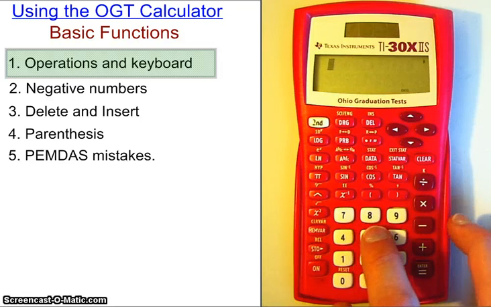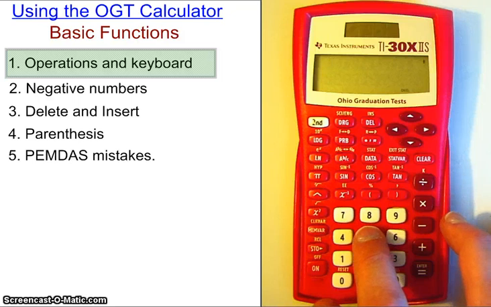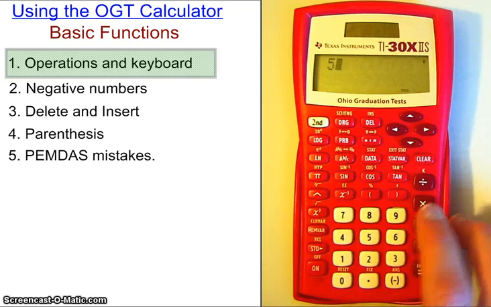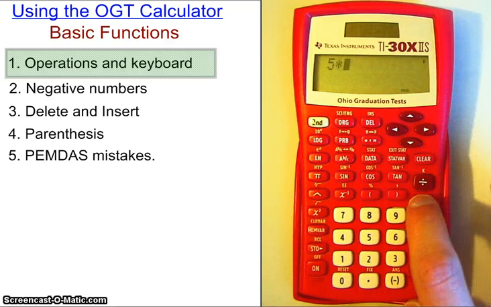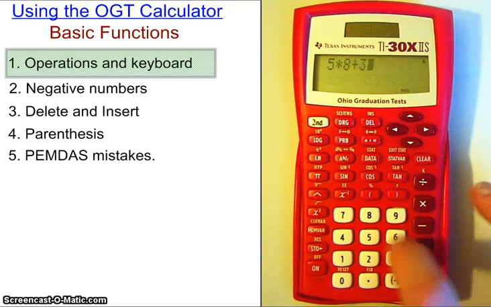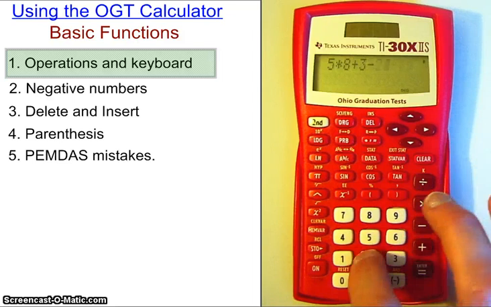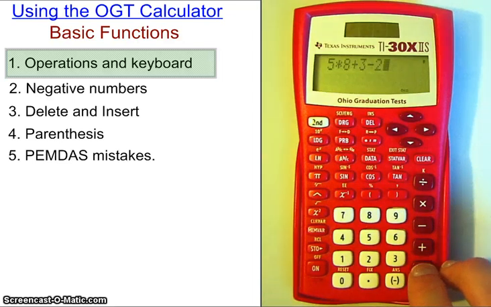On the most basic calculators, you can only do one operation at a time, but this one you can do several operations. So I could say 5 times 8 plus 3 minus 2 all at once, press enter, and it gives me my answer.